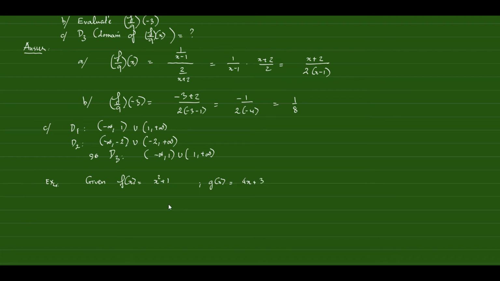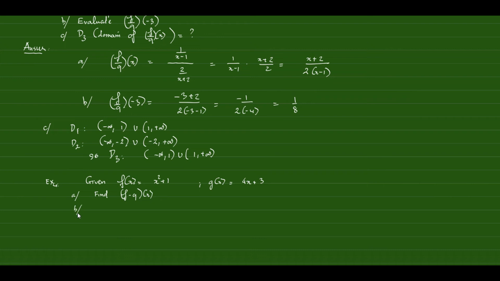Okay. Now I'm asking you the same. First of all, I want you to find the sum. Maybe just the difference. I want you to find this f minus g of x.